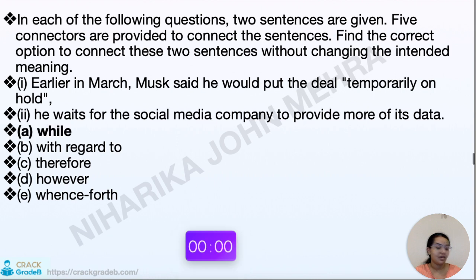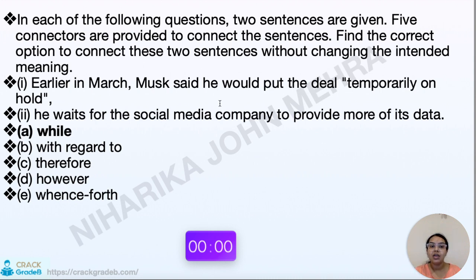Enough time given. Earlier in March, the deal was put on hold temporarily. The second thing is happening. Putting something on hold means to wait, and then it waits for the social media right move. Something is happening in the same time frame.